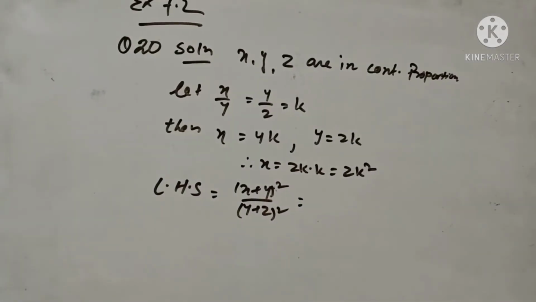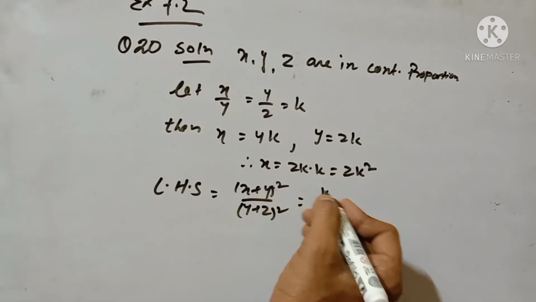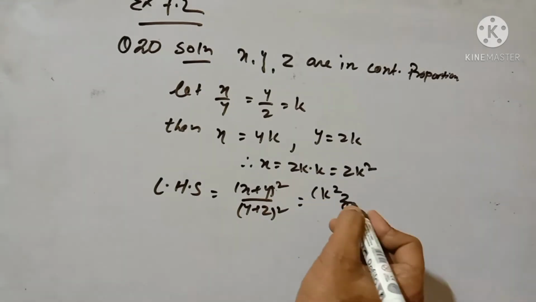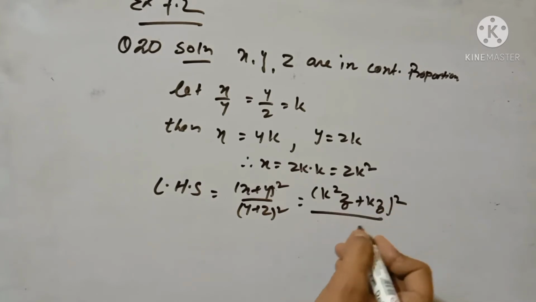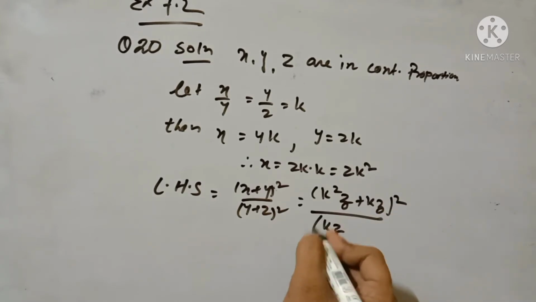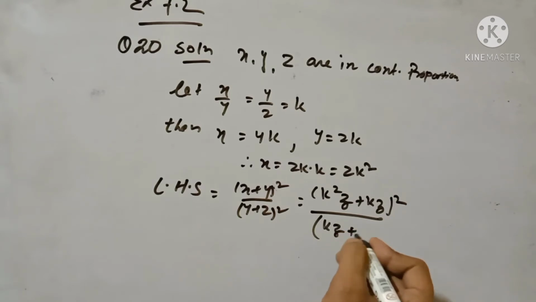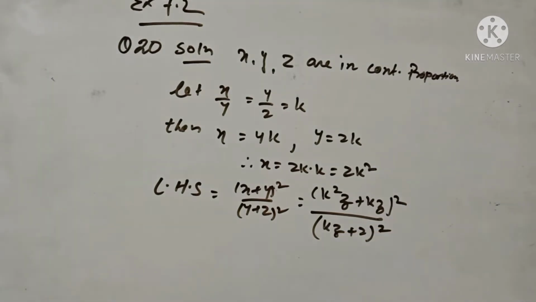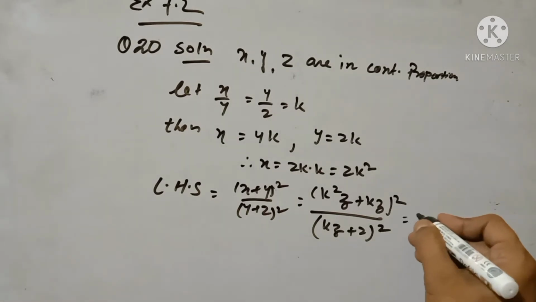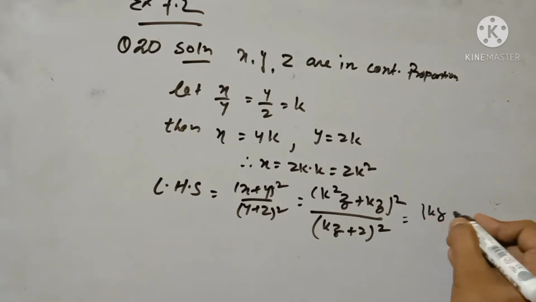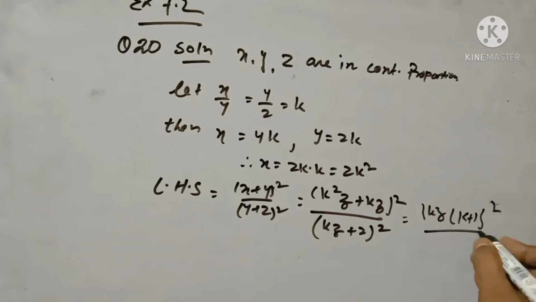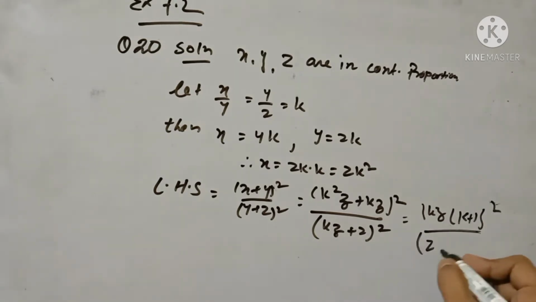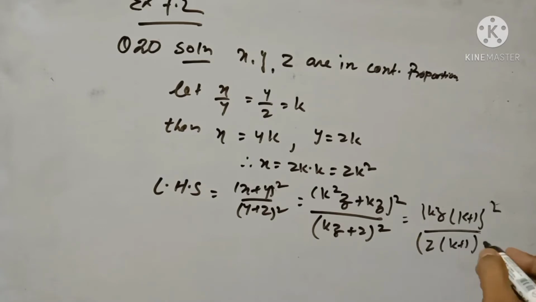We can write k square z plus kz whole square by kz plus z whole square. Now from here I have to take common, that is kz, k plus 1 whole square by z, k plus 1 whole square.